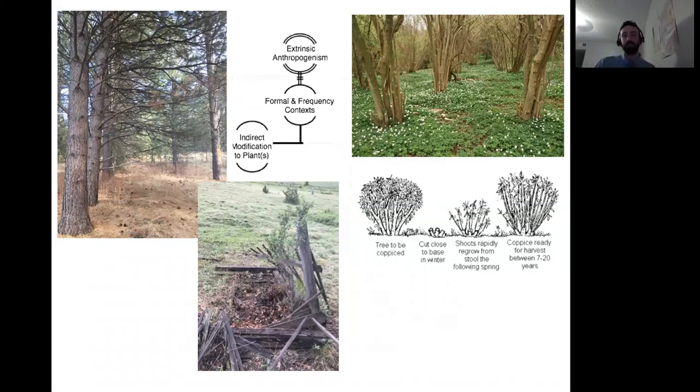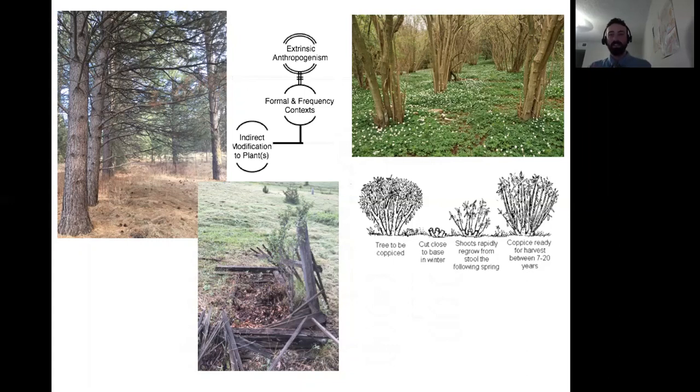When you cut certain species down, they'll grow back with even more trunks, kind of like a hydra. It's also really convenient for harvesting burning materials, so that's one of the reasons it's encouraged and continues to be done to this day. But it also happens with continued land clearance, with these particular species that will grow back in this way.